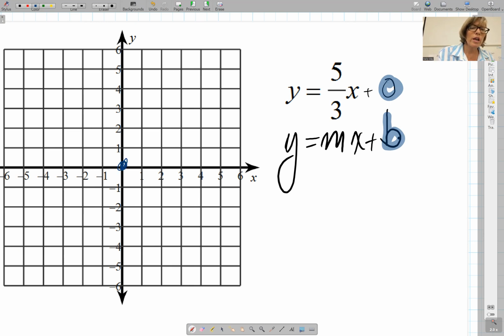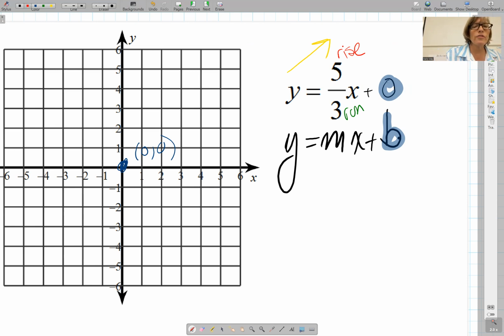So your intercept is (0, 0). Now we do our slope, our rise over run. And it is a positive tilting line, so it's going to go up from left to right.